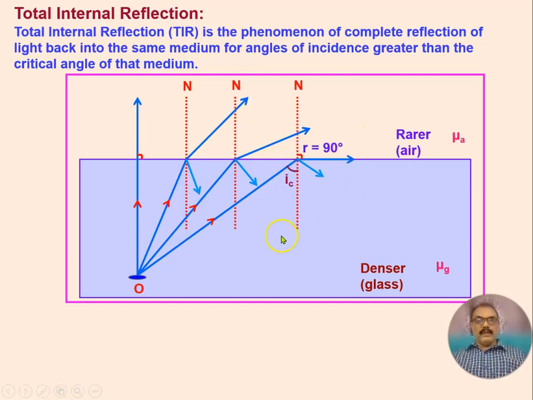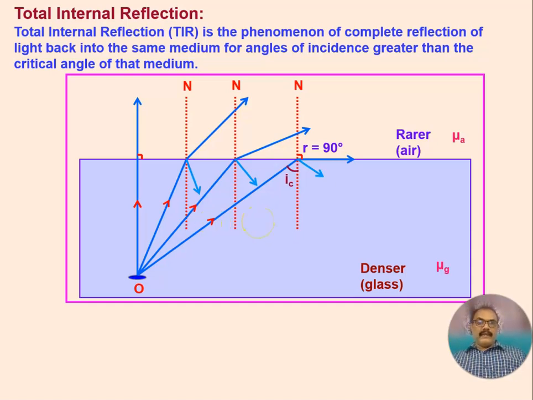When you draw a normal, you can see that refracted angle is 90 degrees, incident angle inside the denser medium is called critical angle. So one question, surely it will come, the relation between refractive index and critical angle. And the second question is going to come, what is critical angle? So critical angle is the angle of incidence in the denser medium for which refracted angle is 90 degrees.